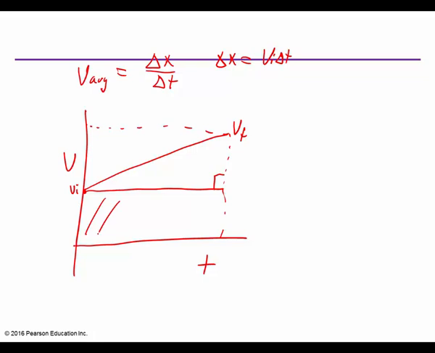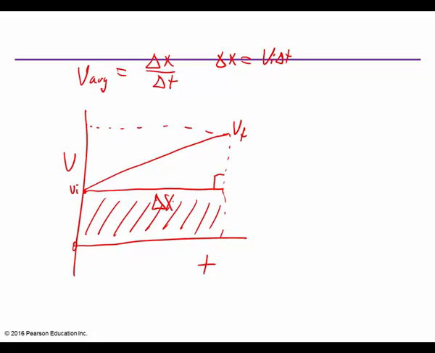So that means this area right here, if we multiply the initial velocity times the time across the x-axis, then we get delta x, correct? So this is equal to the change in displacement.